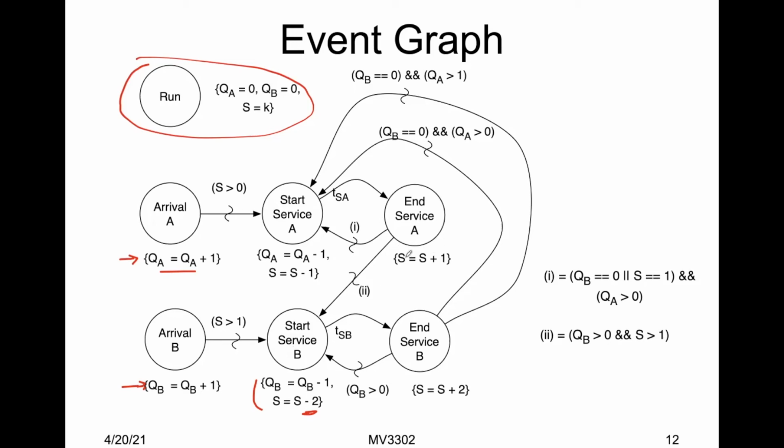And then the end service events: there's a different state transition whether I finish on an A or I finish on a B. When I finish on an A, I get 1 server back, but when I finish on a B, I get 2 servers back. And that's what complicates some of the scheduling.